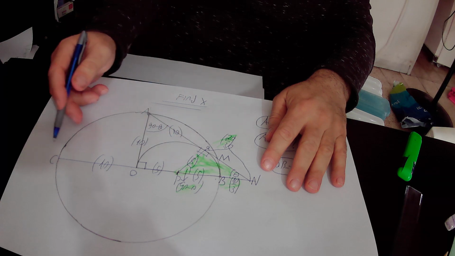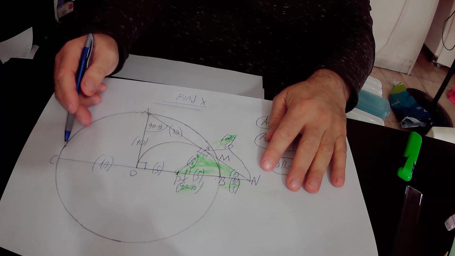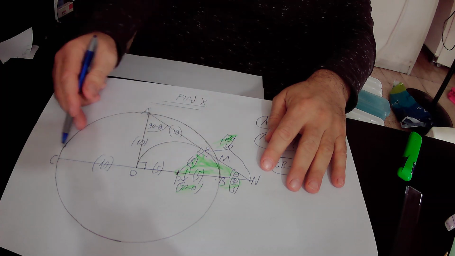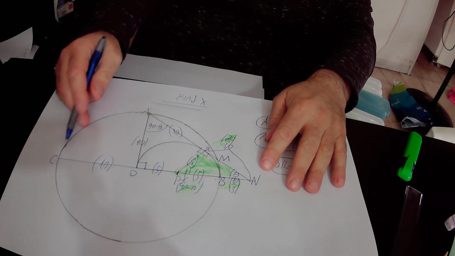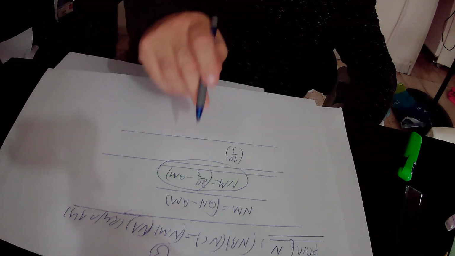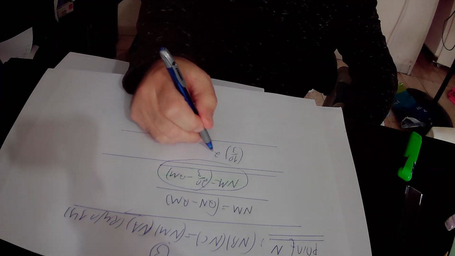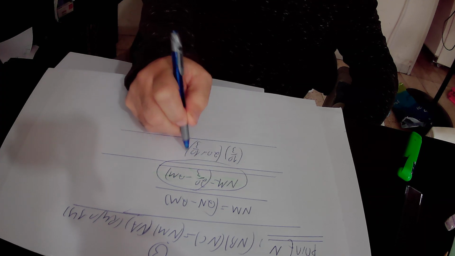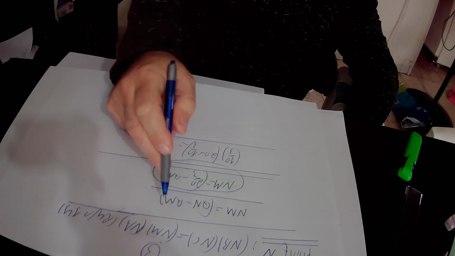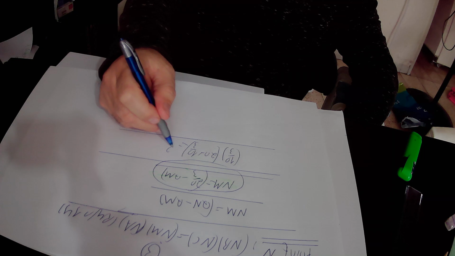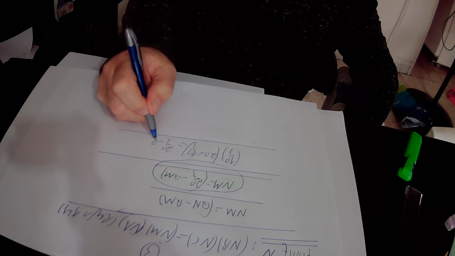So in total, 10 plus 5 plus 5 is 20, plus BN, that is 10 over 3. So in total, CN equals 20 plus 10 over 3 units in length, and it is equal to NM. We just found out that NM equals 20 over 3 minus QM.